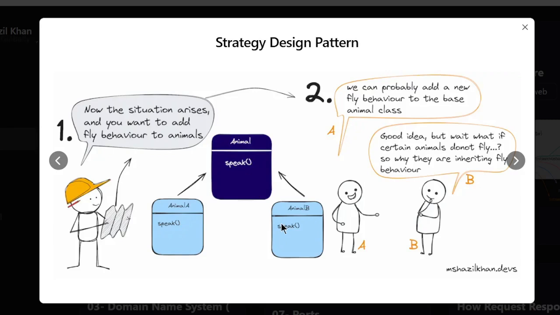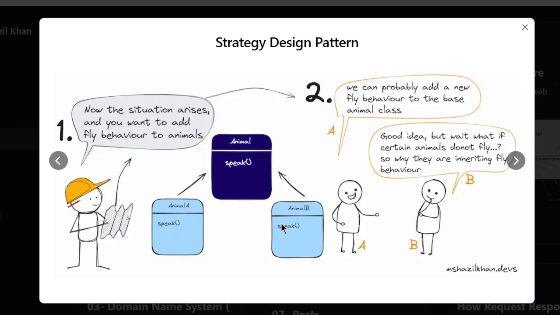They will also have the fly functionality unintentionally. We do not want them to have it, but if we add the fly behavior to the parent animal class, then all the children, even animals that do not fly, are going to have that fly functionality unintentionally. We do not want that, right? So it is not a good solution from developer B's perspective.